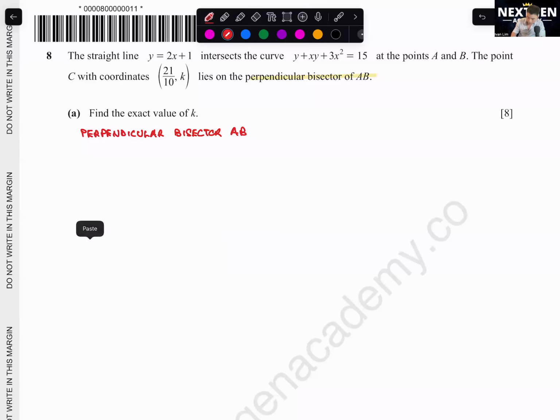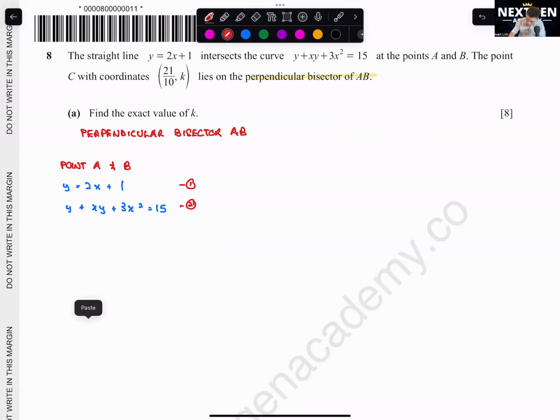So let's find points A and B. We need to do a simultaneous equation. So y equals 2x plus 1, and the curve y plus xy plus 3x squared equals 15. We've got equation 1 and equation 2. We're going to sub 1 into 2.